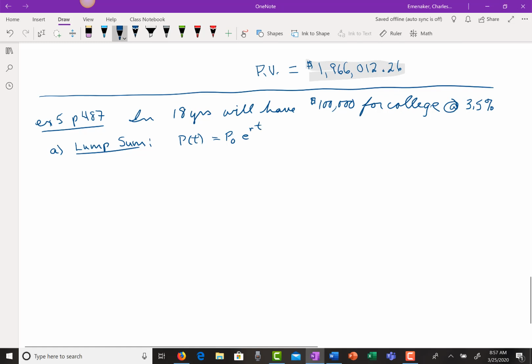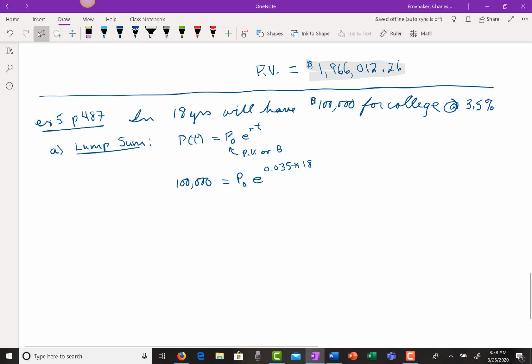Because we want to know how much money right now, that's this, the present value, or you can also refer to it as the balance that you need to deposit right now. And this could be set up pretty easily. The amount of money that you want to have in the future is $100,000. We don't know what the present amount is. e to the 0.035 times 18 years.